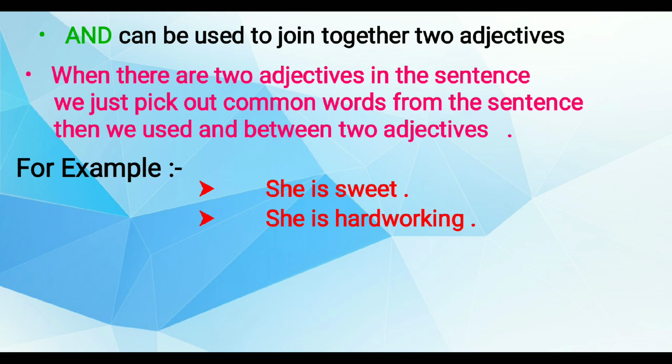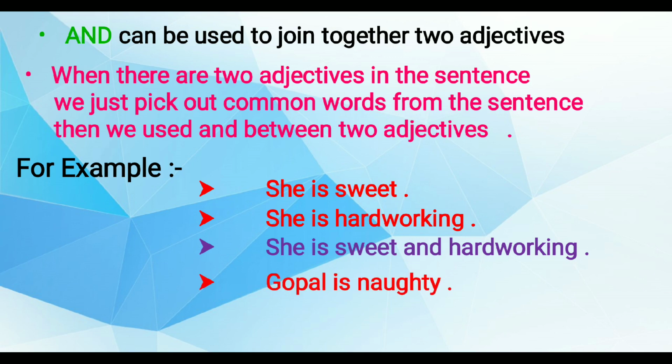We write the first common part of the sentence, which is she is, right? Then the adjectives: sweet, hardworking. So we write sweet, then we use and, then we write hardworking. She is sweet and hardworking. So this is the way we use and between two adjectives.